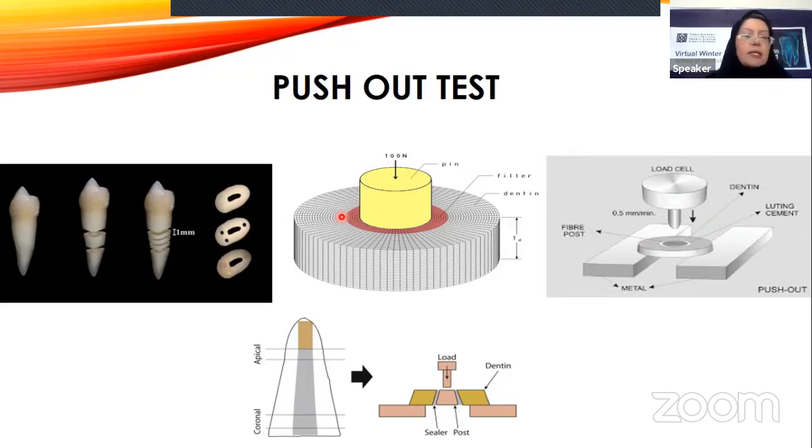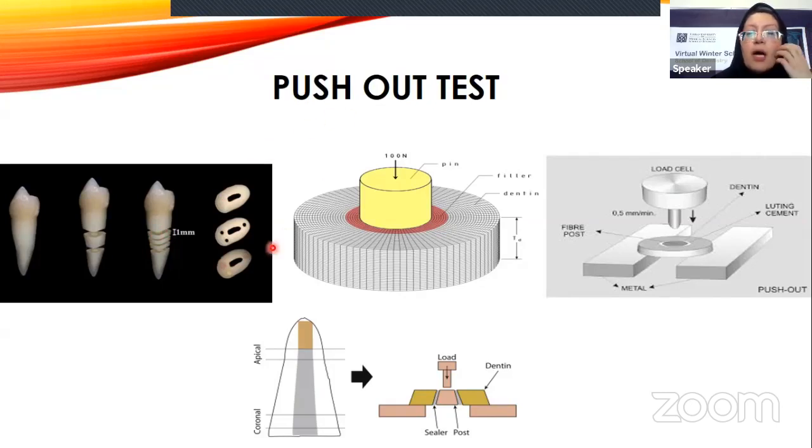The last test method for measuring the bond strength of materials is the push-out test. A push-out test is a suitable test method for measuring the bond strength between the filling materials inside the root canal surfaces.